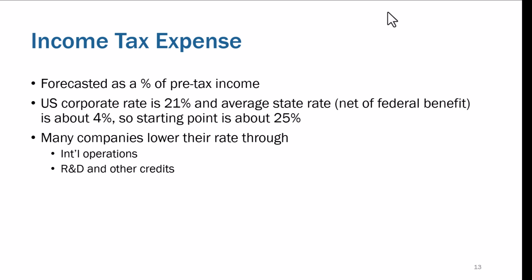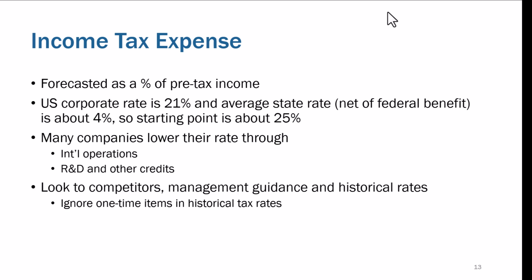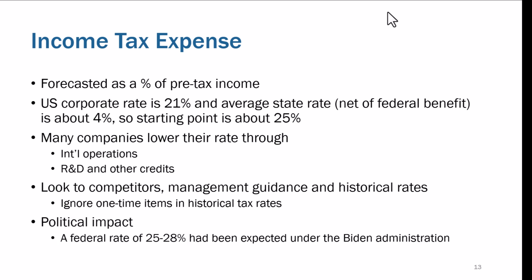Now, companies can lower their rate through international operations, research and development credits, and some other credits out there. Look to competitors, management guidance, and historical rates to try to figure out what would be proper. And if there are some one-time items, maybe a big tax settlement with the IRS as an example, that just impacted taxes one year, then you would want to ignore that.